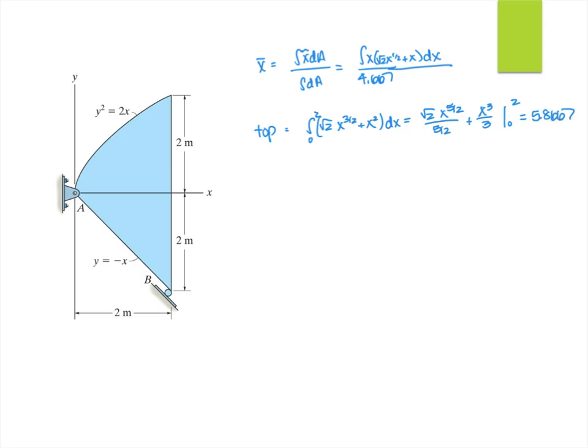And if we put in the values, we'll get the top. It's 5.888667. Centroid ends up to be 1.26 meters.